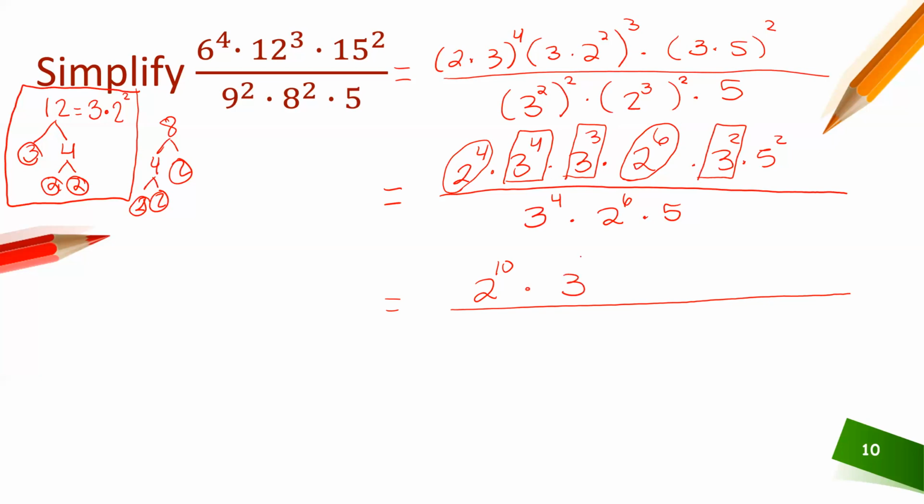Keep the base the same, add the exponents. 3 plus 4 is 7, plus 2 more is 9. And then here I have 5 squared. Here is multiplication. Any order property applies. So to make it nice, I'm going to write 2 to the 6 in the front, 3 to the ninth here, and then 5 squared.